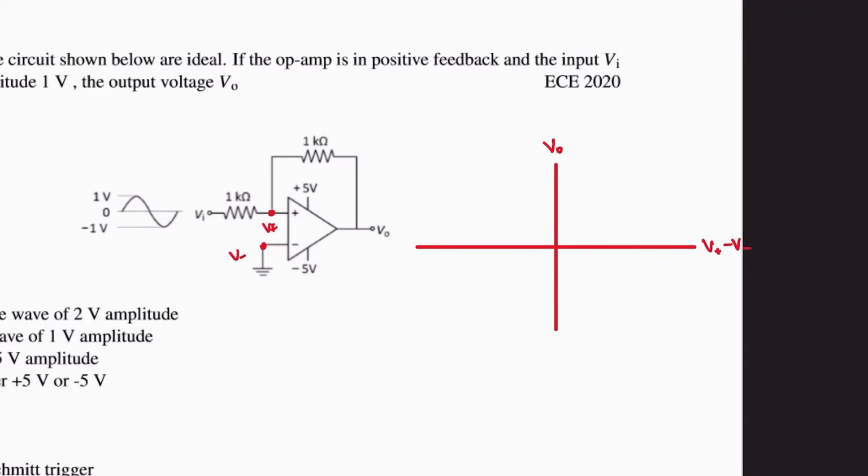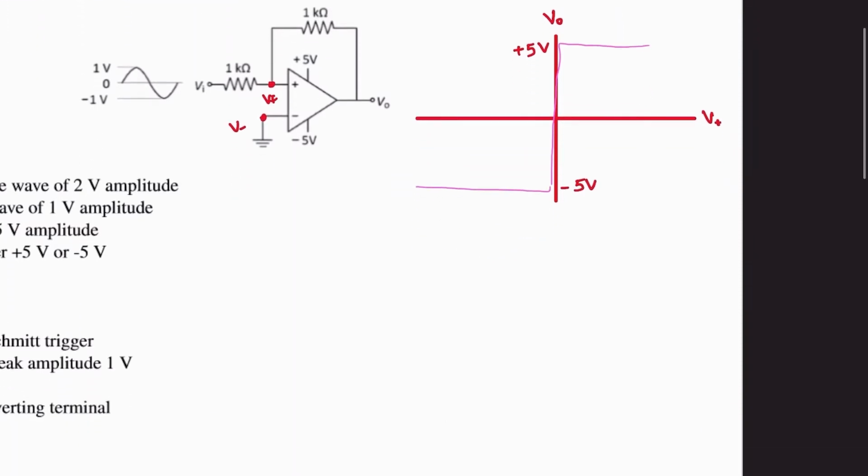For an op-amp, the transfer characteristics curve looks like this: it goes to either plus VDD, which is plus 5 volt, or VSS, which is minus 5 volt. Since in our case V minus is 0, we can just call this the characteristics of V out versus V plus. And since the op-amp is ideal, it draws 0 input current.